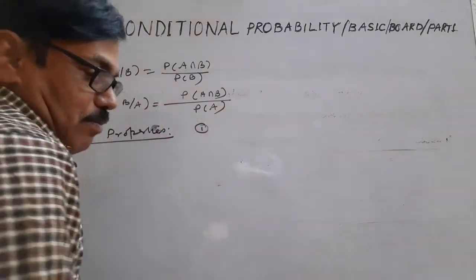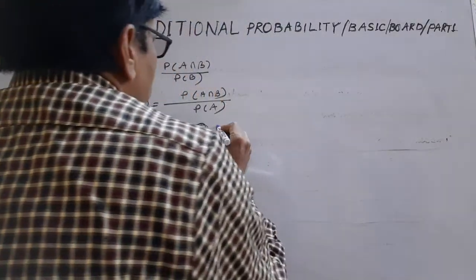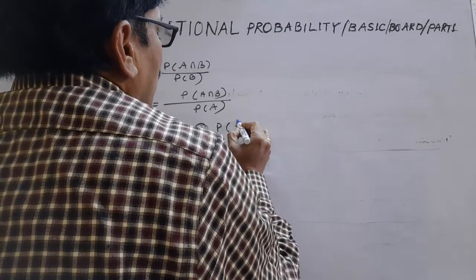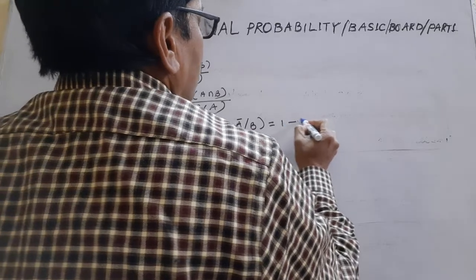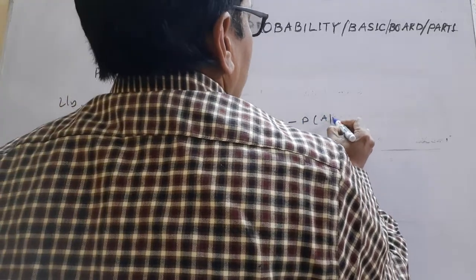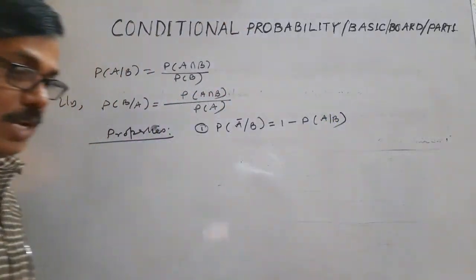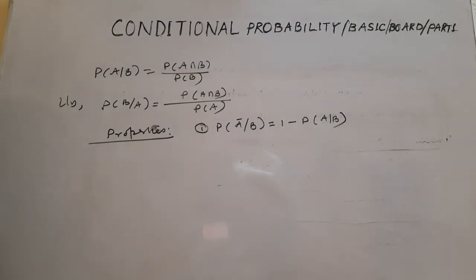So, some basic properties. P(A bar/B) equals 1 minus P(A/B).